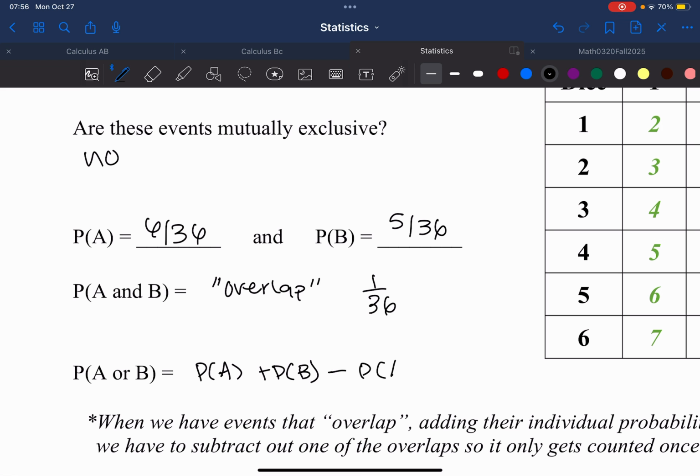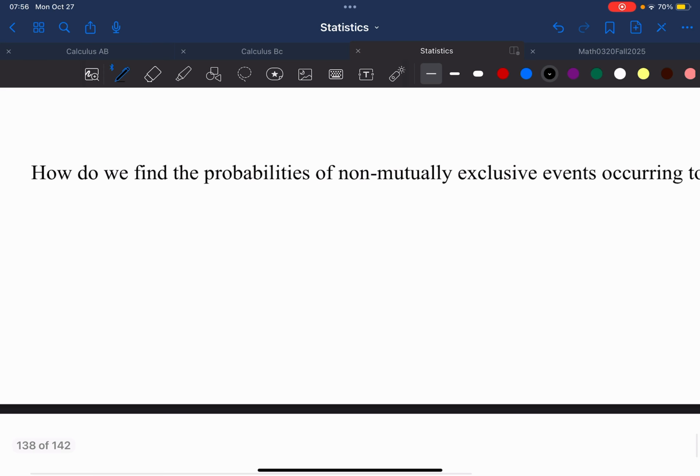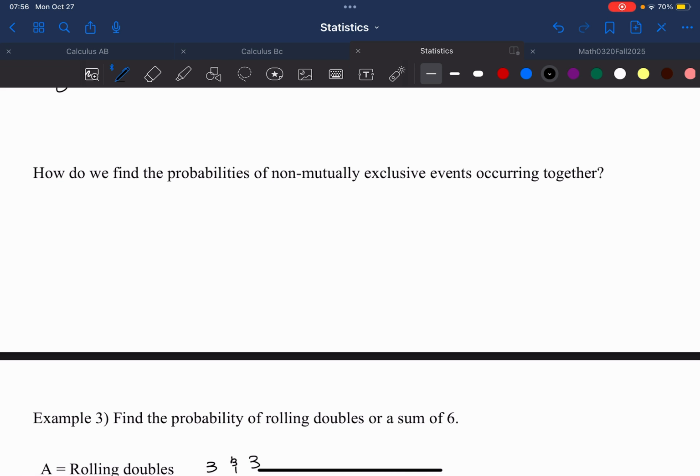So subtract the probability of A and B. So that means we have 6 out of 36 plus 5 out of 36 minus 1 out of 36, which gives us 10 out of 36. So going back up here where it says, how do we find probabilities of non-mutually exclusive events occurring together? Well, we have to subtract the overlap.